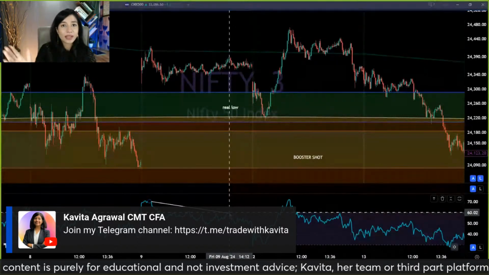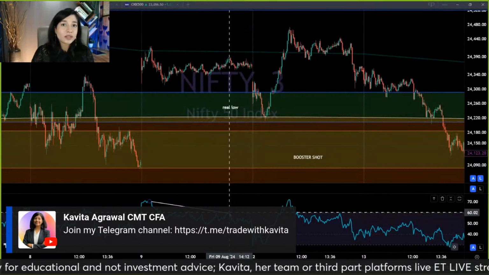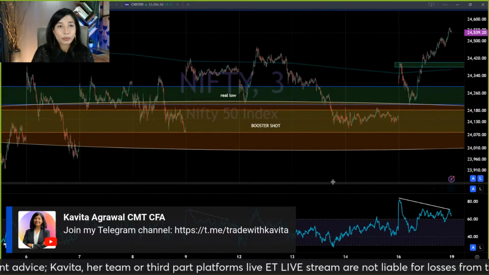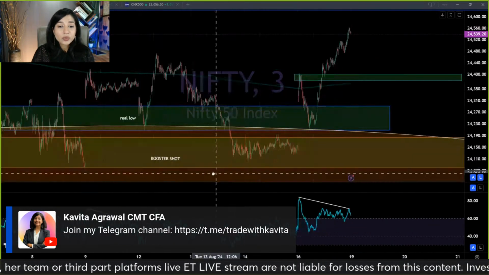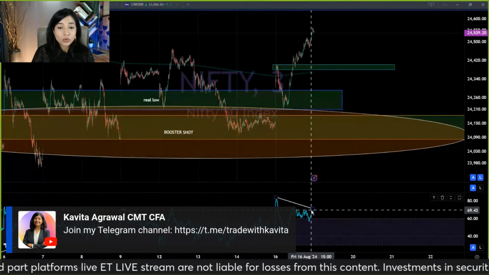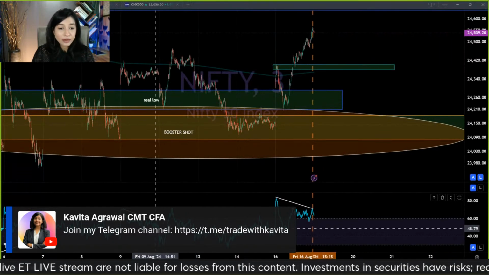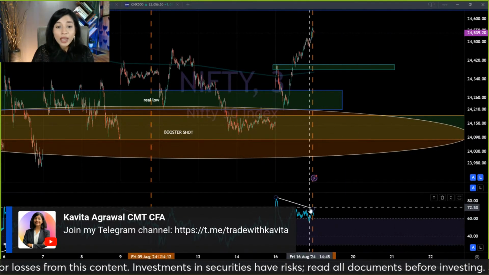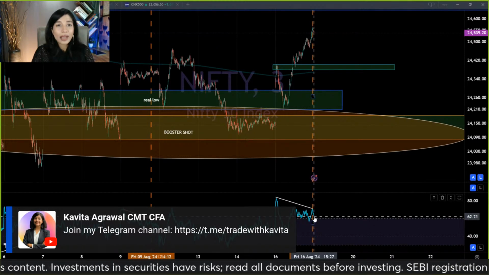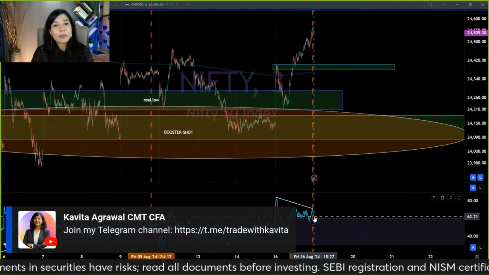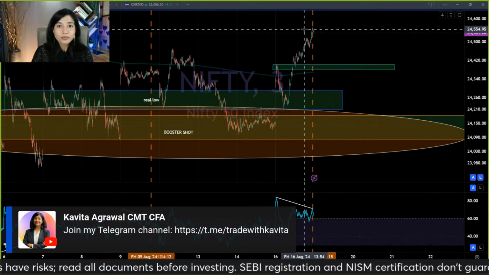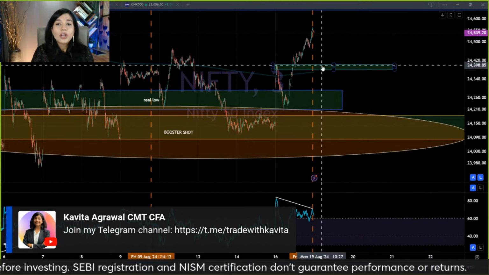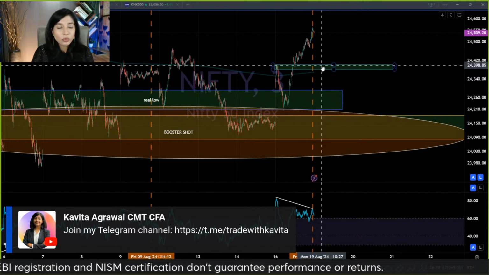Basically, the right side peak, if it takes resistance at the level of 60, it's a more effective negative divergence in my opinion, right? This one on the other hand, if you compare these two, you will see that the right hand side peak in this case is not below the level of 60 yet. So the underlying momentum is still pretty strong. So even if this does play out, I would expect it to come back to basically 24,400 and continue upward.